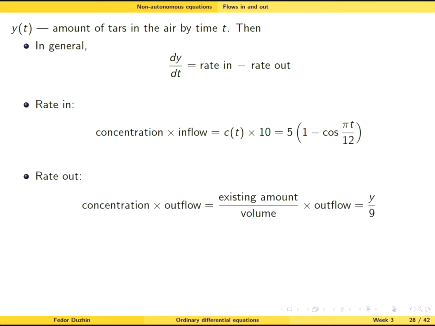Then the rate out is again concentration times the outflow. Concentration is the existing amount divided by volume, times the outflow.